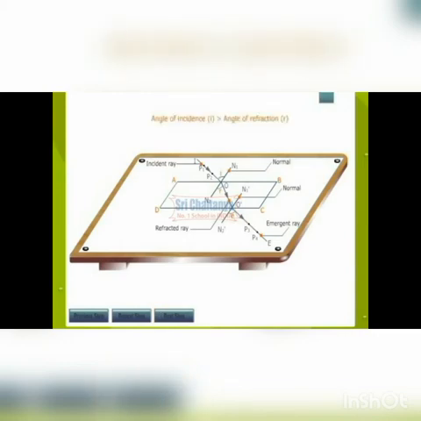Angle of incidence is greater than the angle of refraction, and the angle of incidence is equal to the angle of emergence. Extend O'(E) backwards. We observe that the emergent ray is parallel to the incident ray.